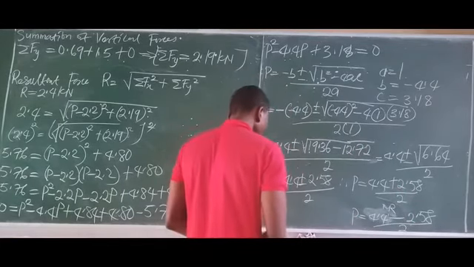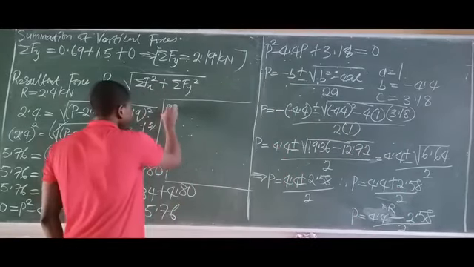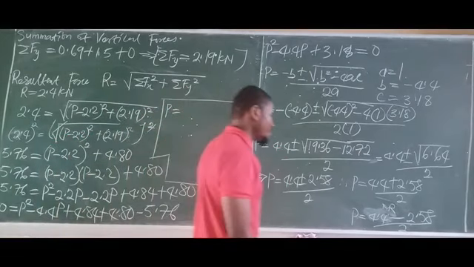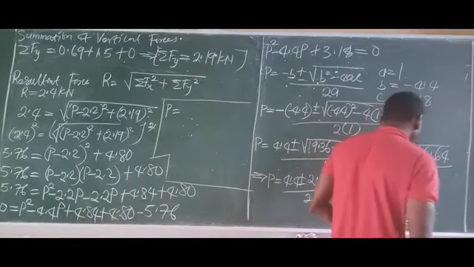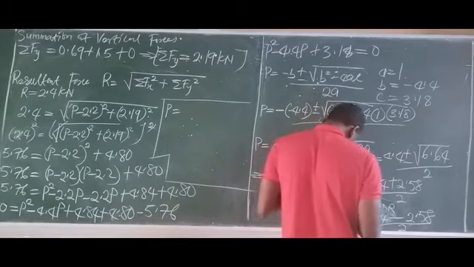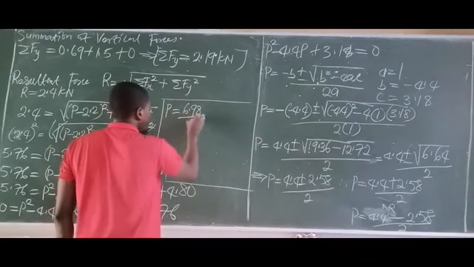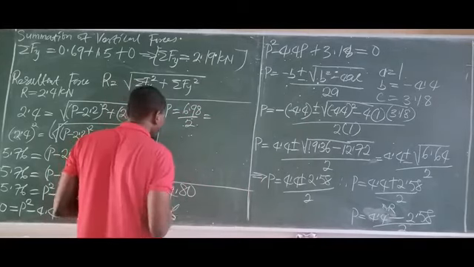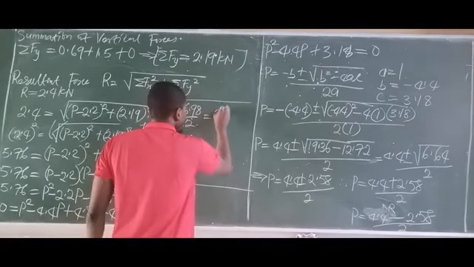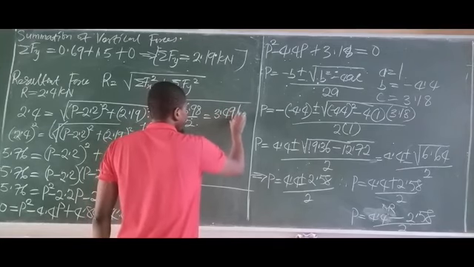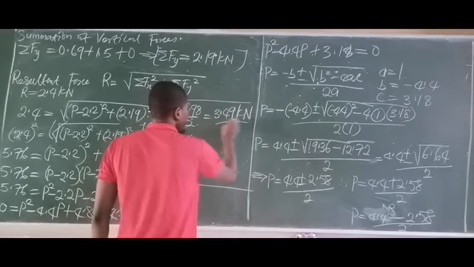For the first side, P is equal to 4.4 plus 2.58, which gives us 6.98 divided by 2, which is equal to 3.49 kilonewtons.